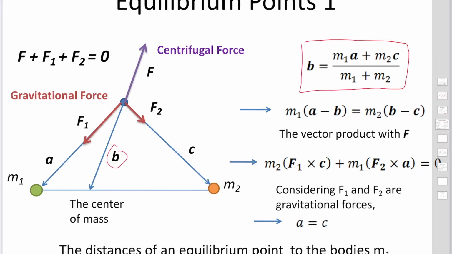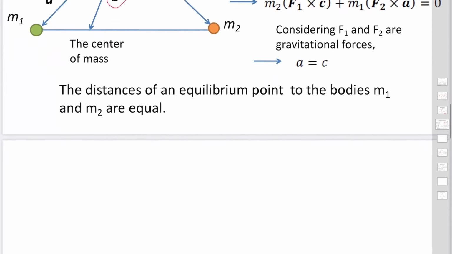From this equation, we can write an equation: m sub 1 times (A vector minus B vector) is equal to m sub 2 times (B vector minus C vector).